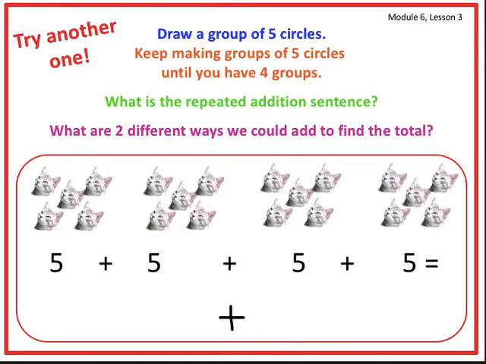Sorry, that was probably a little fast. But your repeated addition sentence should be 5 plus 5 plus 5 plus 5. So that's one way that we can find the total. What is another way we can find the total? What do you think?